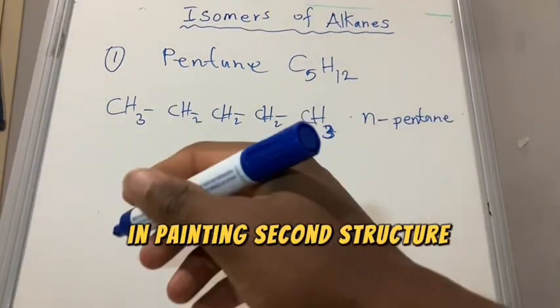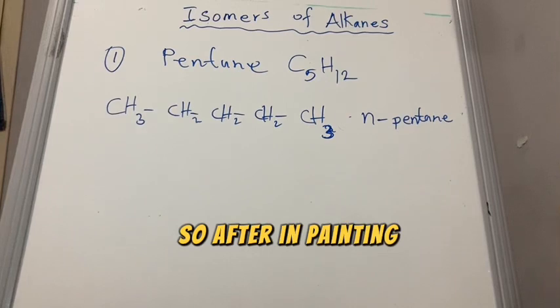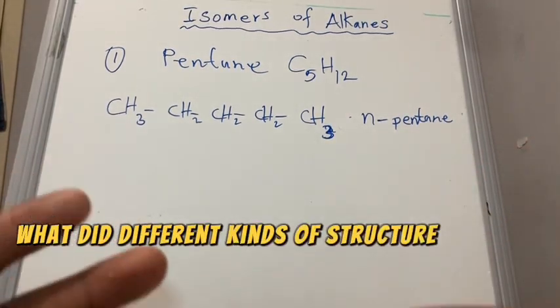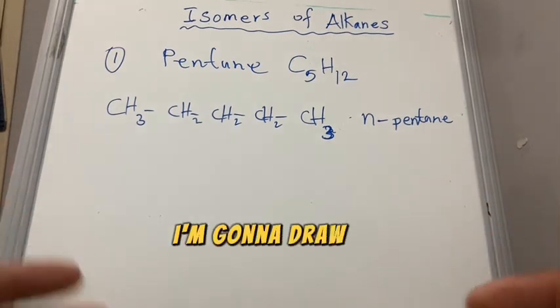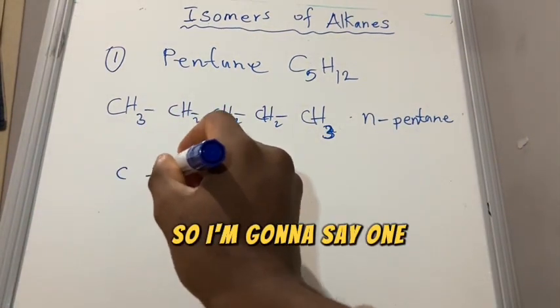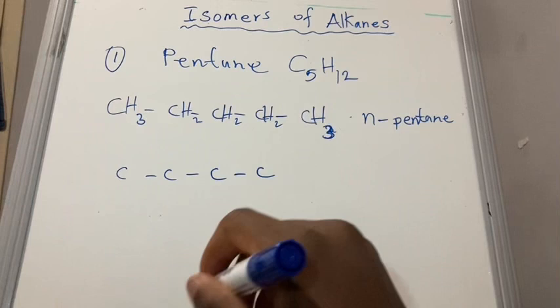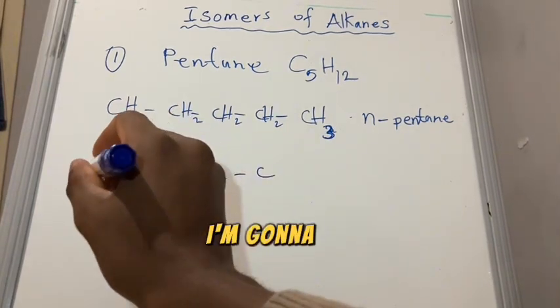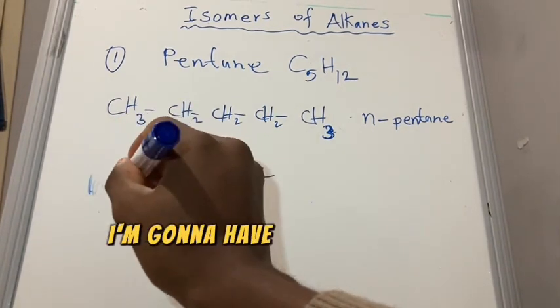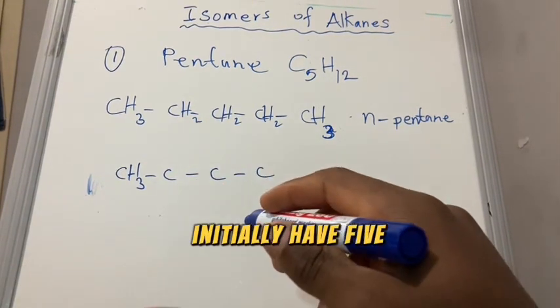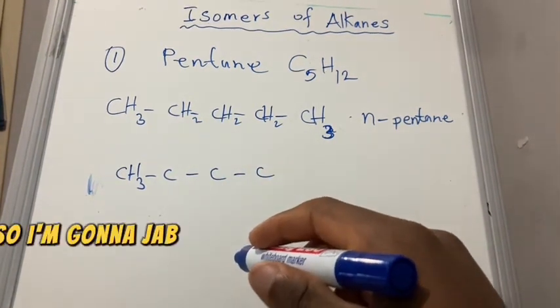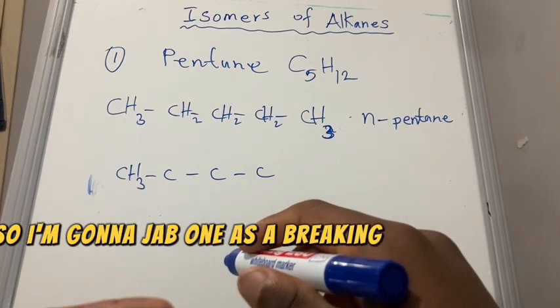Second structure. I've drawn n-pentane. What are the different kinds of structure I can draw? Instead of drawing 5 carbons in a chain, I'm going to draw 4: 1, 2, 3, 4. But in doing this, I'm going to have 3 hydrogens here. Initially I have 5, so I drop 1 as a branching to this compound.